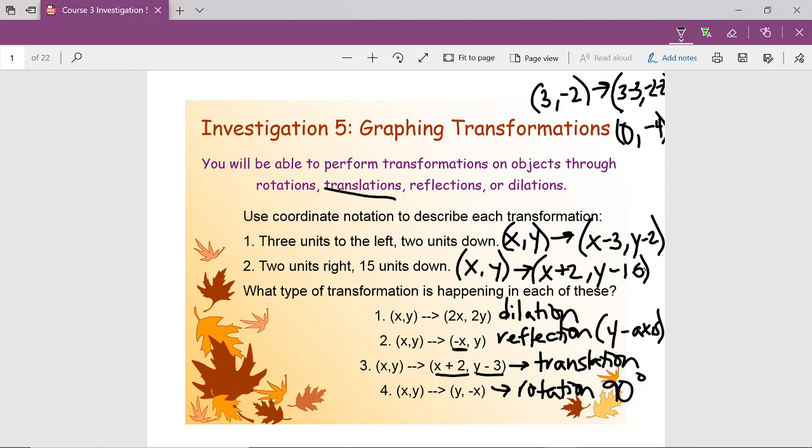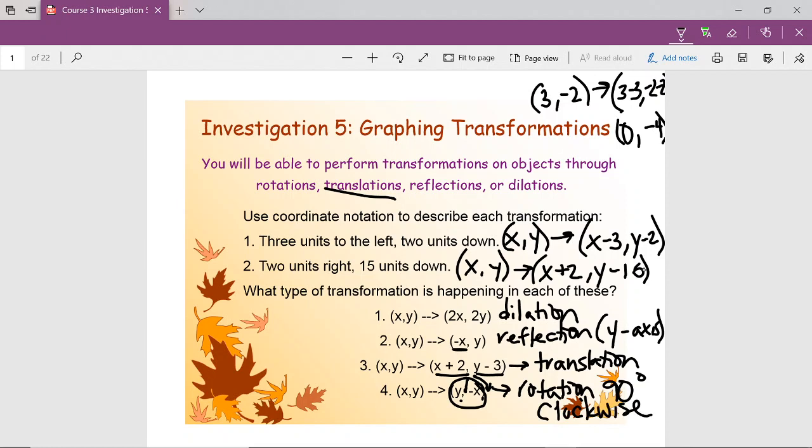Based on which one of them is negative, either the first one or the second one, I can consider this clockwise or counterclockwise. If you consider this like a clock, here's my middle and here's my 12 o'clock up here. If I go this way clockwise and I hit that one and it's negative, then it's a clockwise rotation.